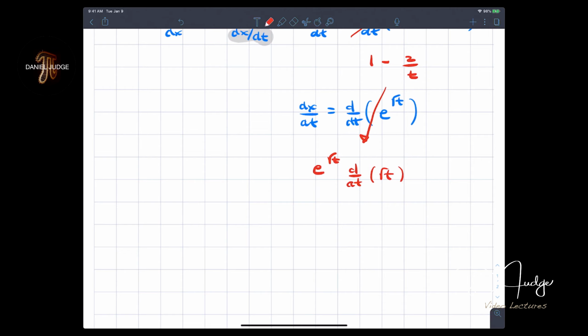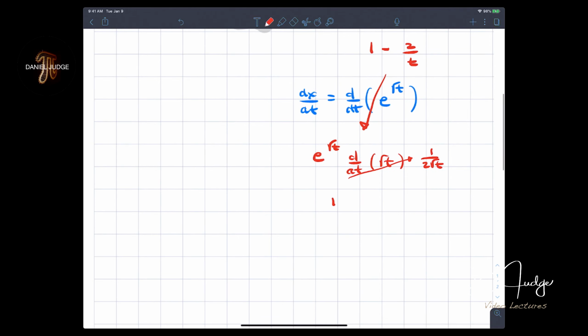So don't forget your chain rule. And then this derivative is really 1 over 2 square root of t. You guys remember, like I said, some of those derivatives you really want to remember. You know, they come in handy. They're kind of memorized there. Okay, so that's our dx dt.